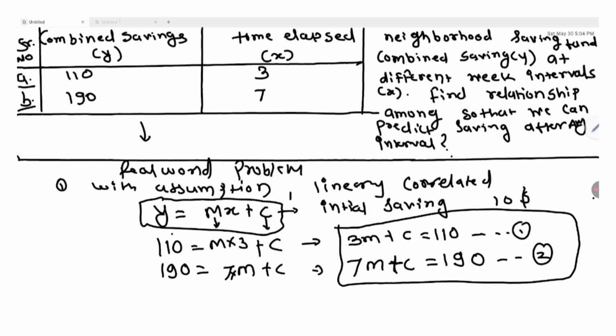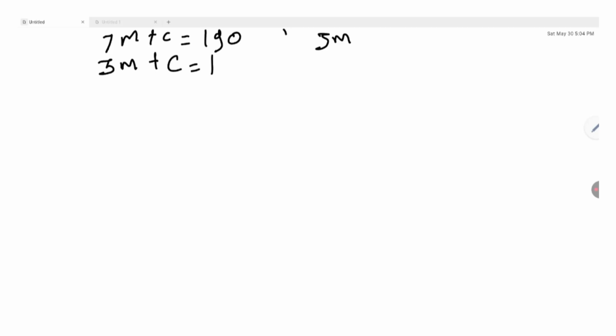Now, if we try to subtract one equation from the other, let's first write down the equations. Sorry, because we have changed the order: 7m plus c equals 190, and the second equation is 3m plus c equals 110.